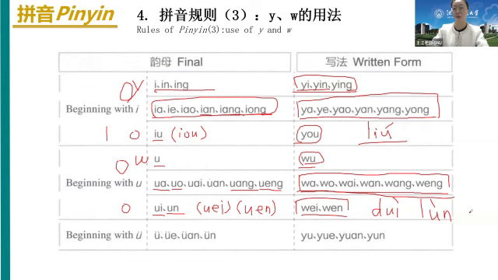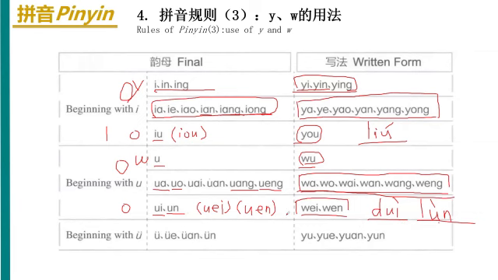So that's where the written form comes from, okay? So do you understand, everyone? If you have any questions, you can let me know, and you can input your answer in the chat room. So I just explained the rules of Pinyin, the use of the letters Y and W, okay? Now let's go on.